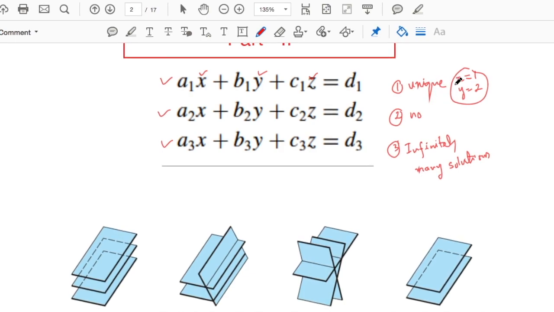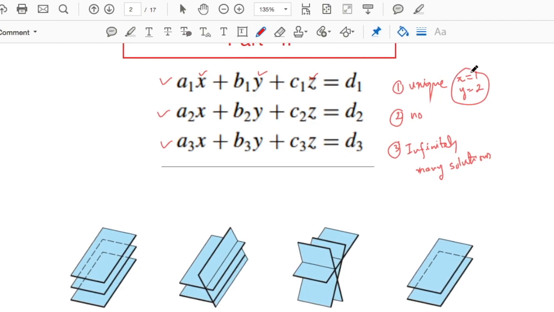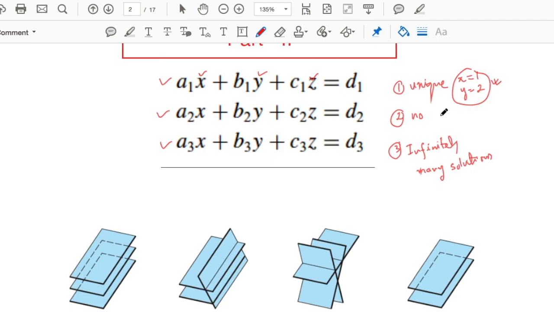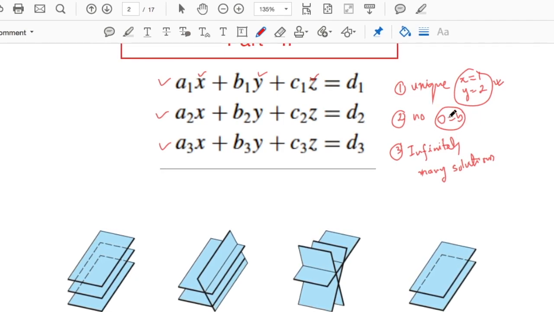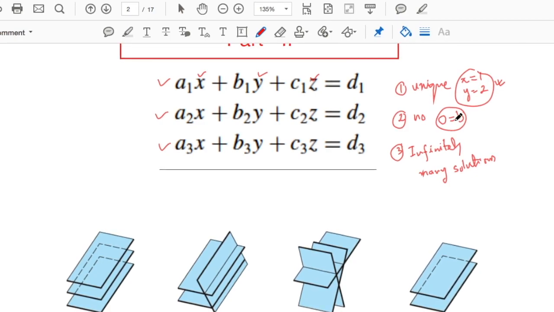And in this case, in the eliminated system, the number of equations will be equal to the number of variables. And in the no solution case, you will get a contradictory statement like 0 equal to b, which indicates that the system has no solution.